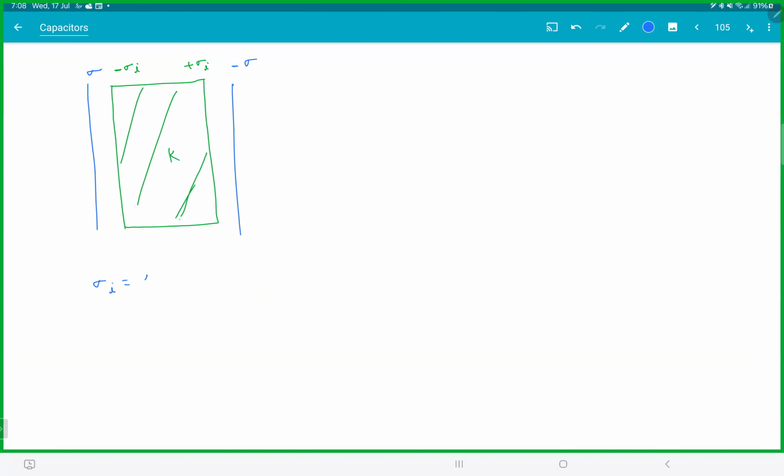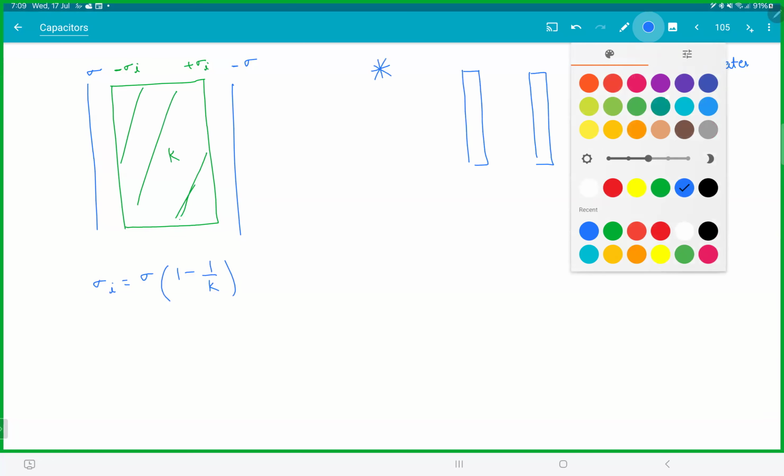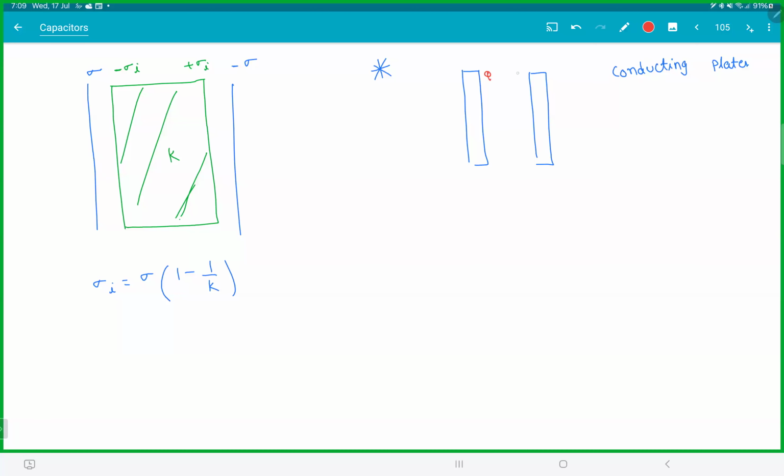So sigma induced will be sigma into 1 minus 1 by k. Now that means you can use this here also. Suppose I have two conducting plates, you can be sure this will be Q and this will be minus Q, right?